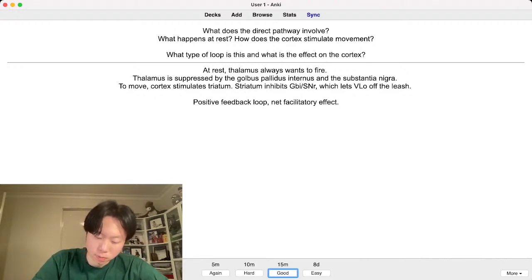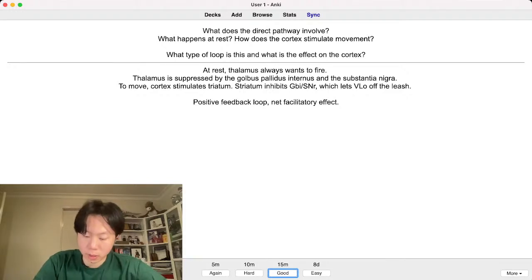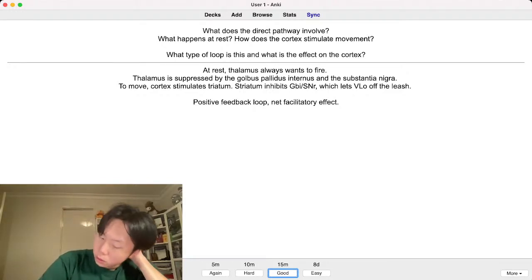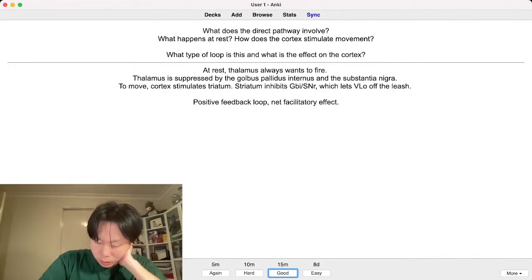So it usually goes from thalamus to cortex to coordinate movement, and usually you don't move randomly, so it's inhibited by this.